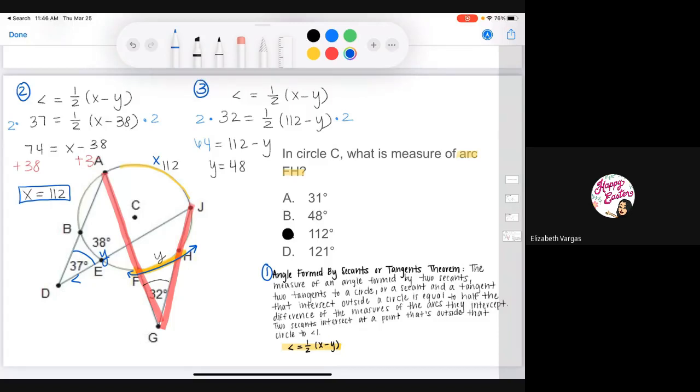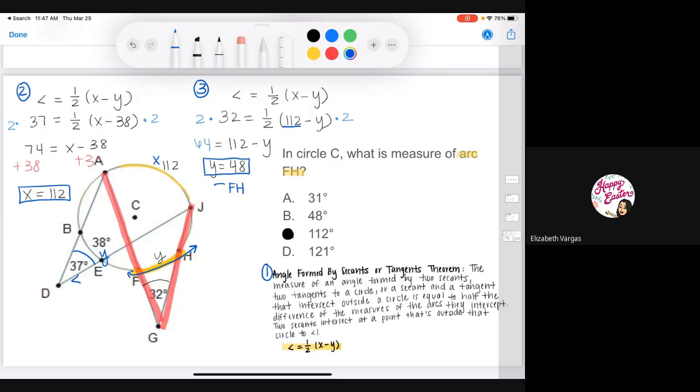So I can use my equation again, plugging in that x I just found. By doing that, I find y, which is also my arc FH. So that's basically how you would go about solving this type of problem.